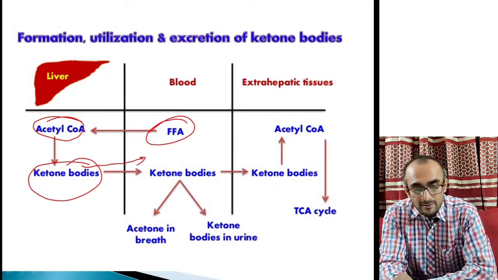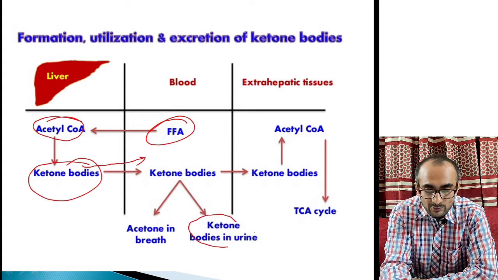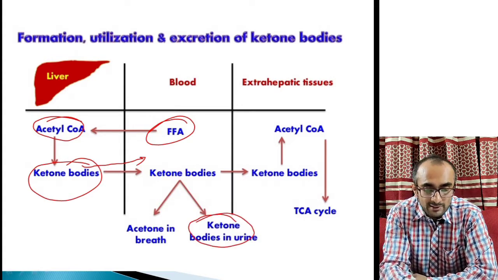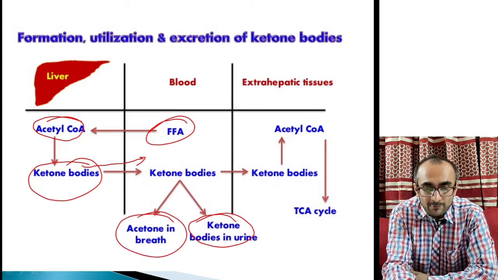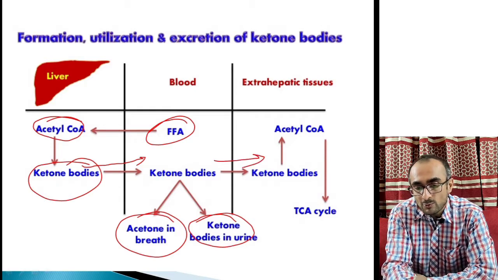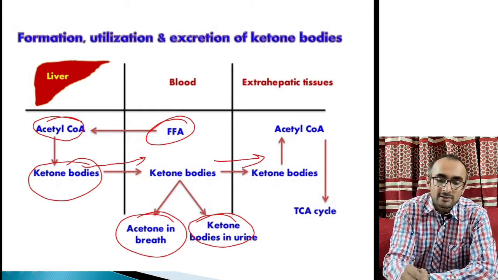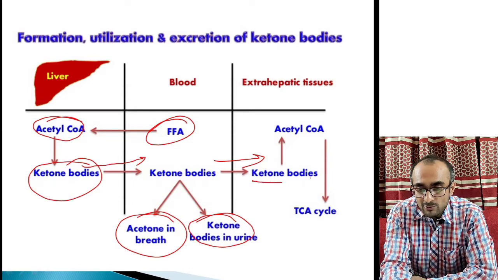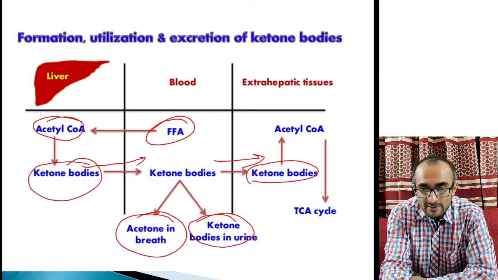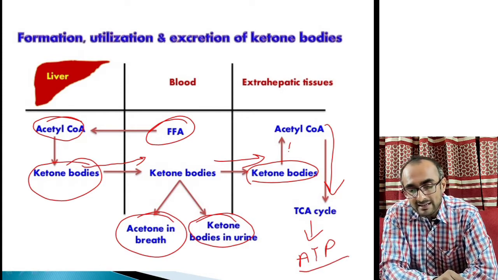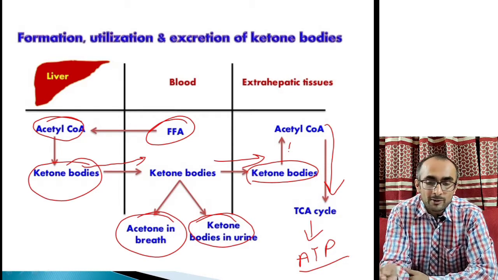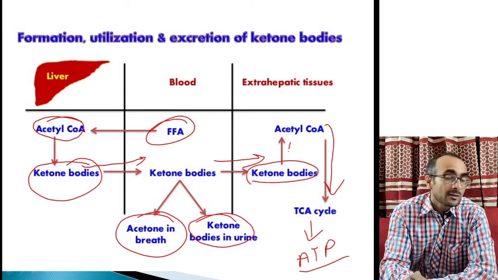Inside blood, they are excreted into urine, that's called ketonuria, or acetone is evaporated in breath, and from blood these ketone bodies go to other extrahepatic tissues. Other tissues use ketone bodies to produce acetyl coenzyme A, and acetyl coenzyme A enters into the TCA cycle to give rise to energy in the form of ATP. So that's how extrahepatic cells get energy from fatty acid oxidation when glucose is absent.